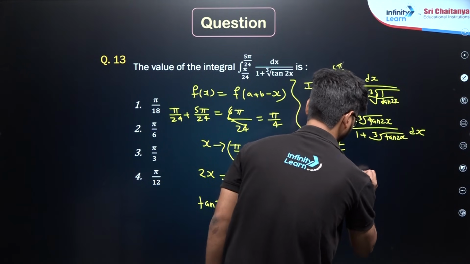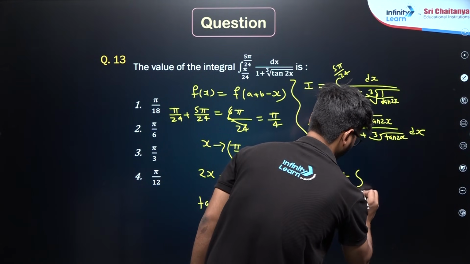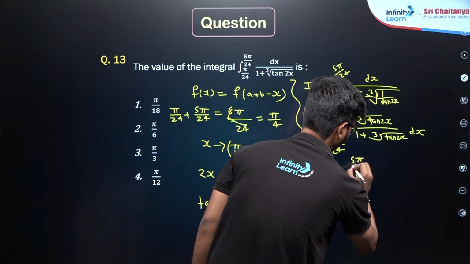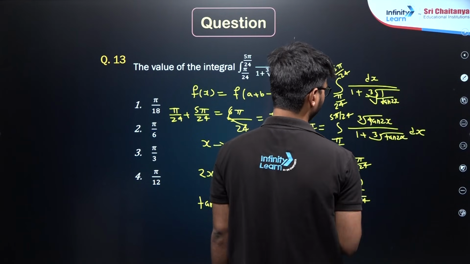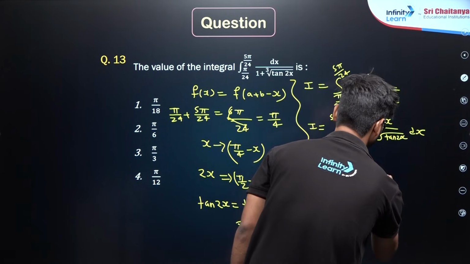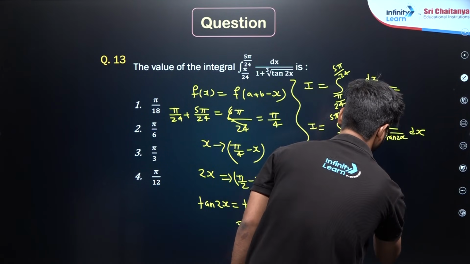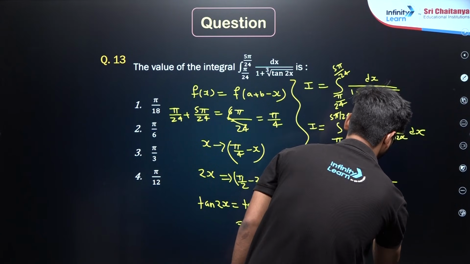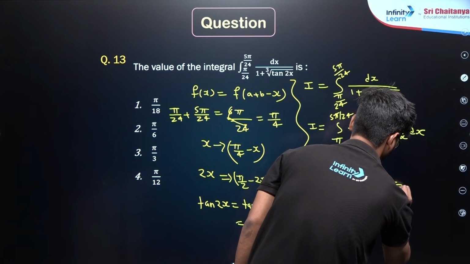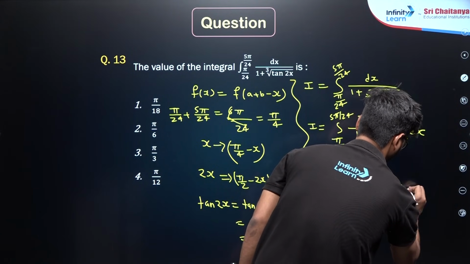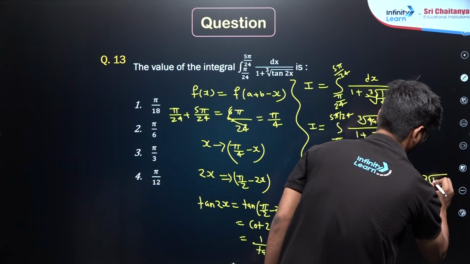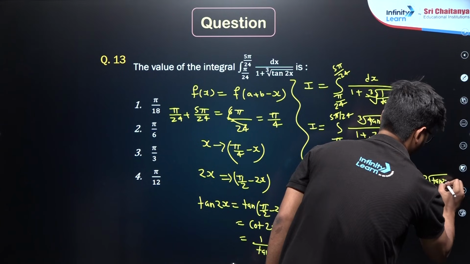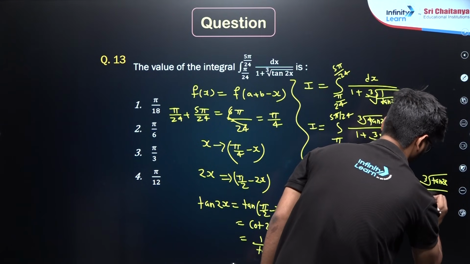So here we are going to get pi by 24 and this will be our 5 pi by 24. Correct? Now if you observe, I am going to get 1 upon 1 plus cube root of tan 2x plus the same term upon the same denominator.